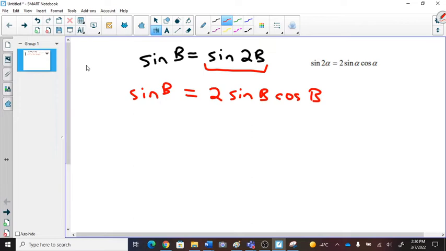How am I going to solve this if there's two different things going on? What's your first instinct with equations? Before we factor, there's something that needs to happen. We need one side to be 0.